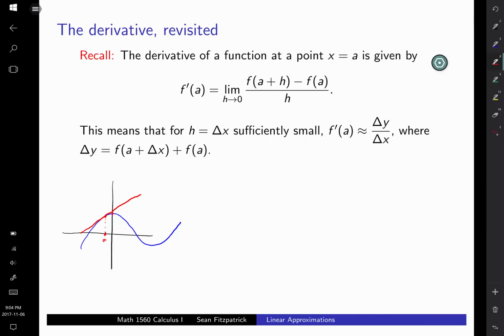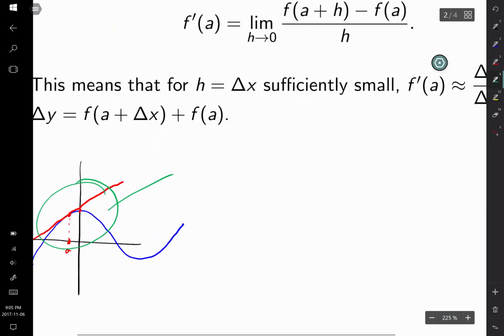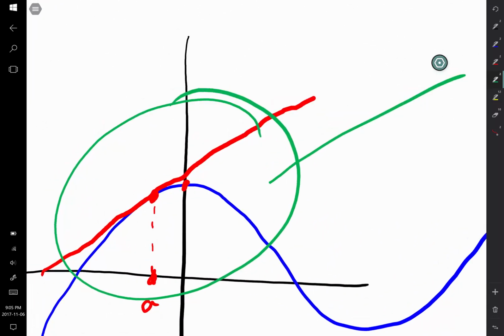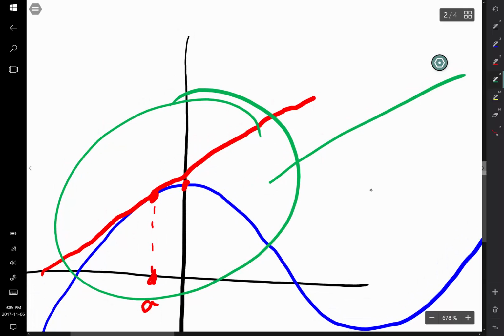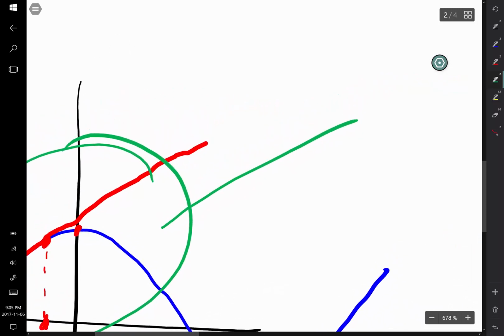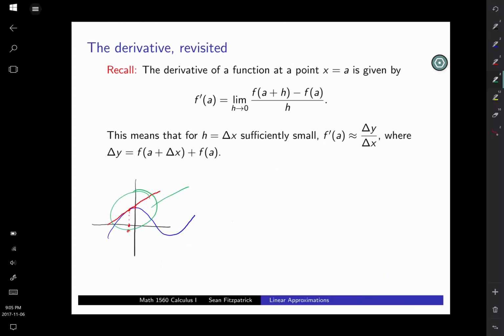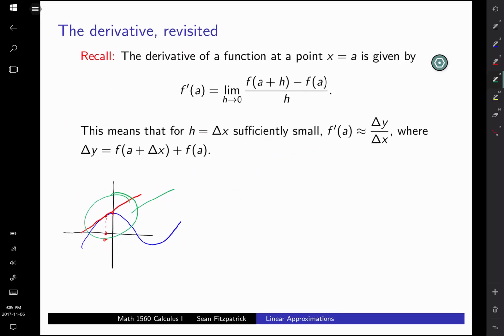And we talked about the fact that if you were to zoom in on this area here and expand, you'll notice that there's not a lot of daylight between the curve and the line. It's sort of hard to see there, so we might just look at this piece of the curve.